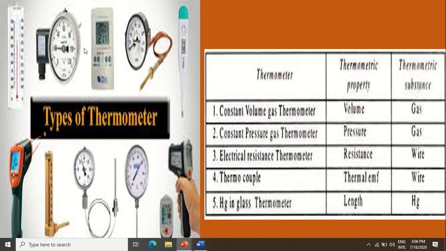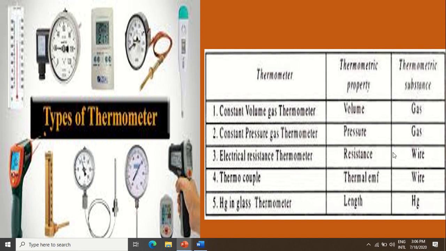Look, there are different types of thermometer. So thermometer, thermometric property, thermometric substance. Constant volume gas thermometer. Here thermometric property is volume and thermometric substance is gas. Constant pressure gas thermometer. Here property is pressure and substance is gas. Electrical resistance thermometer.